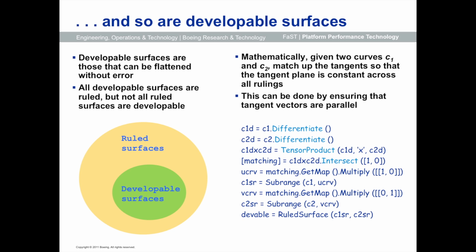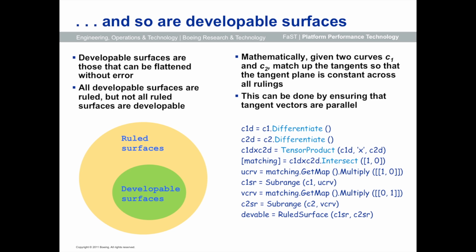If what we're looking to do is to match up the points on the two curves in such a way that the tangent directions match, one way of going about that in GUIDUC is to say, all right, let's look at the hodographs of the two curves, that is, the functions which give you the tangent vectors, form the cross product of those two things, and then what I'm really going to look for is the cross products vanishing.